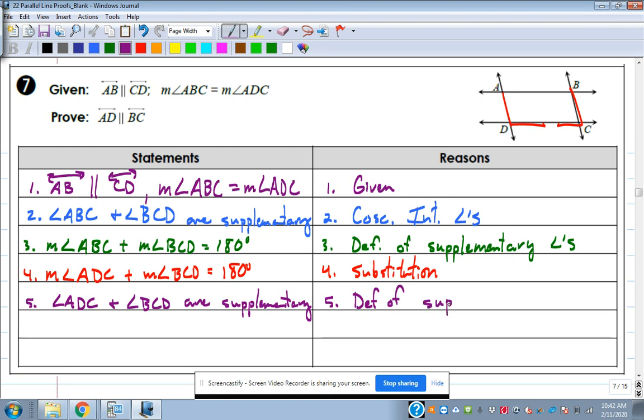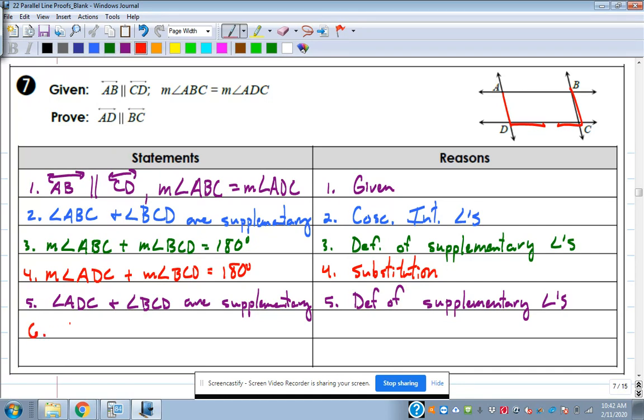How? Yes. So ADC and BCD are consecutive interior angles, and if consecutive interior angles are supplementary, then the lines are parallel.